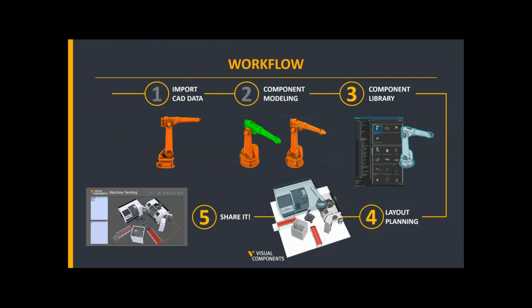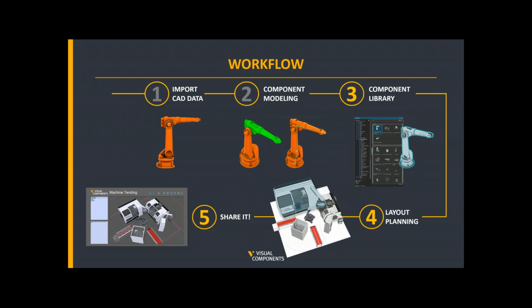Next, a few words about the workflow, how it works with Visual Components products. Like I already mentioned in the previous slide, with Professional and Premium products, you can create new components. You can import the CAD data, and then you can create a component to your library. And we do also offer a big library of components.